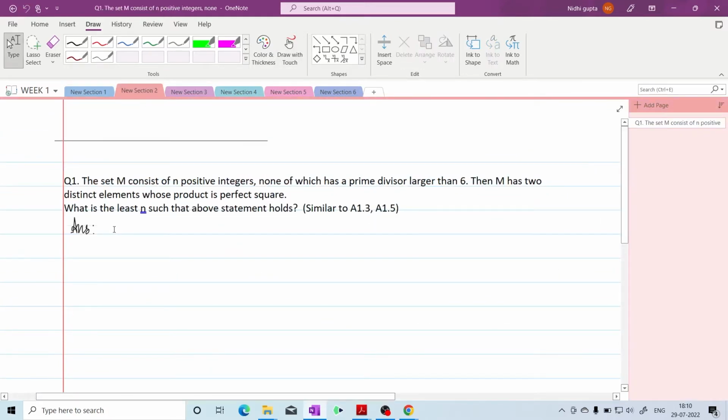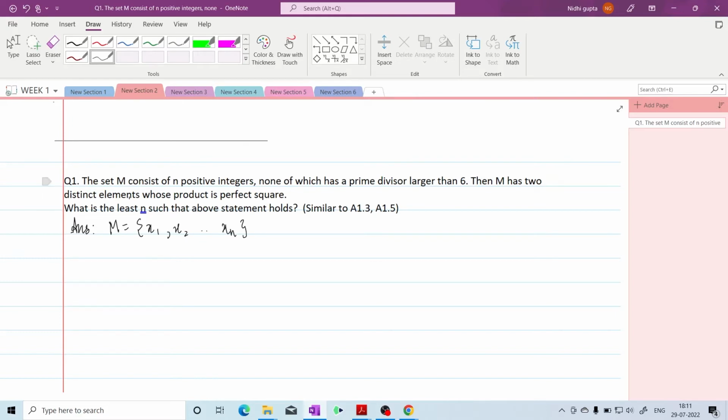Our first problem is: our set M consists of n positive integers, say M is equal to x1, x2, till xn. And none of these numbers have a prime divisor larger than 6. So xi has only which prime factors?